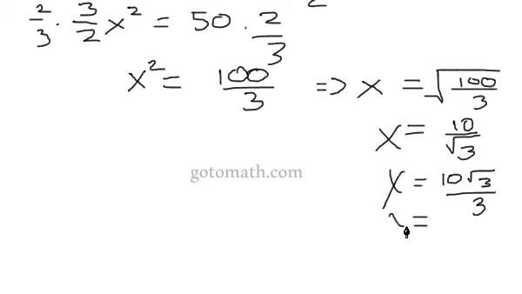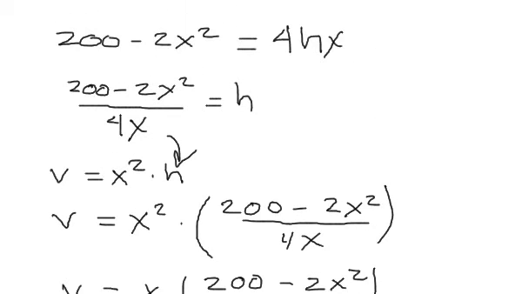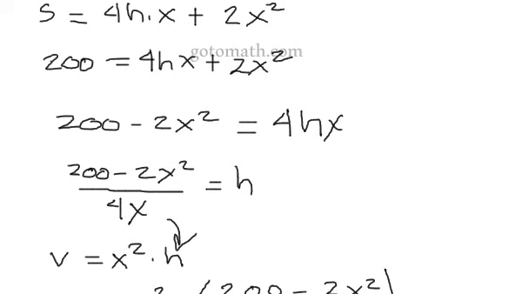And just to give us an idea, this is approximately like 5.77, not 75 but 77. Now we have our x, we go back up, and I think in the real world we'd be rounding this stuff off, but we want to find our h, and so we would take our 5.77 and plug it into h up here and get our h, and it seems like it's almost 5.78 or so.